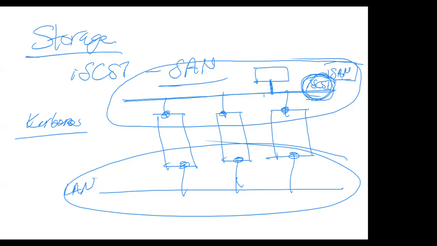You have to remember that the iSCSI protocol must be protected with another methodology rather than the protocol itself. What do you mean? iSCSI itself is clear text, and it does not have any security controls as a protocol.